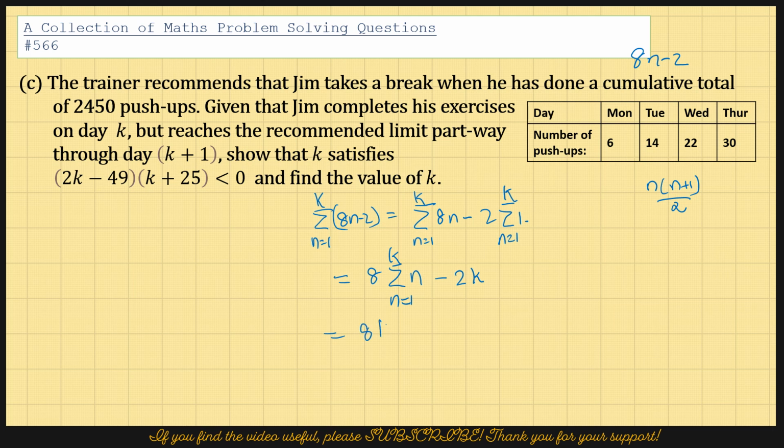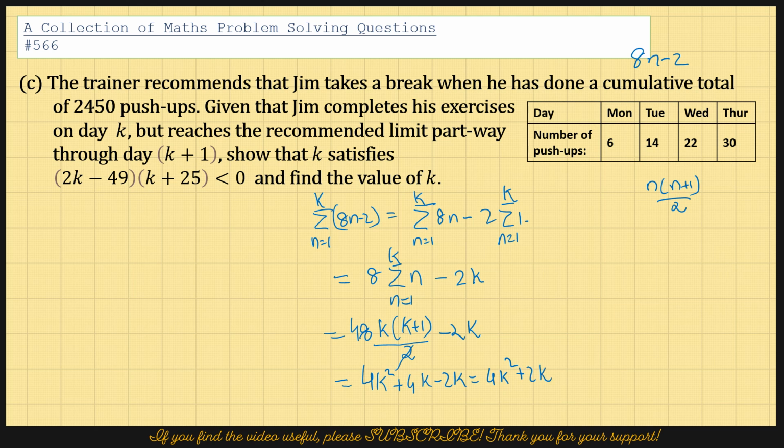So it will be 8 times k times k plus 1 over 2, minus 2k, which equals 4k squared plus 4k minus 2k, that is 4k squared plus 2k.